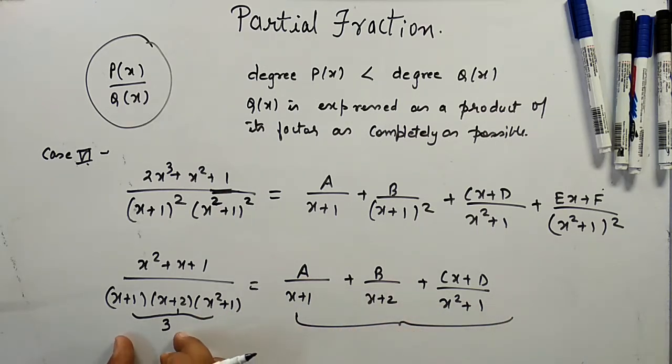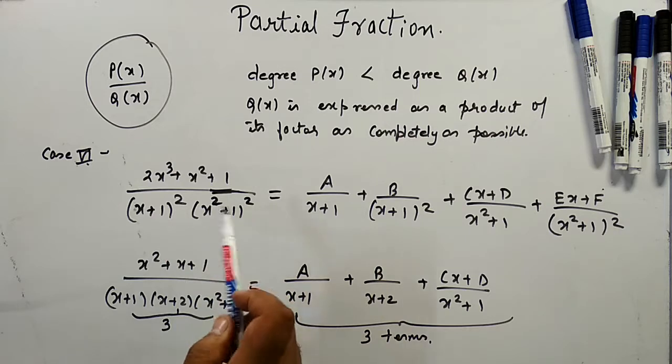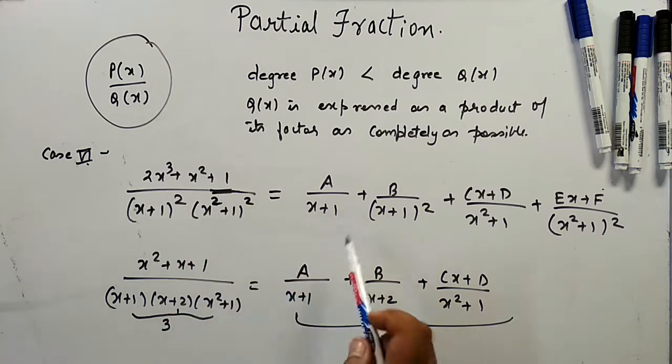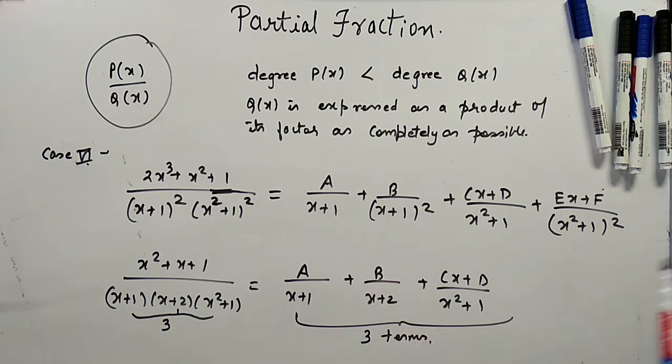If there are 3 factors in the denominator, the partial fraction form would have 3 terms. Okay, in this there are 4 factors in the denominator, so the partial fraction form would have 4 terms.